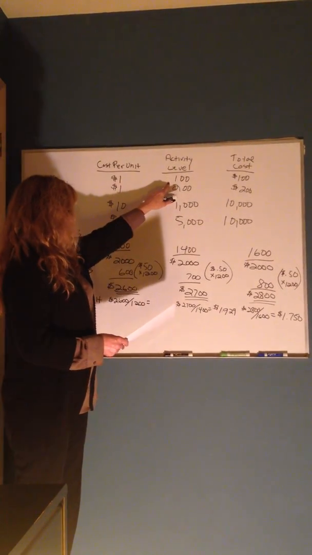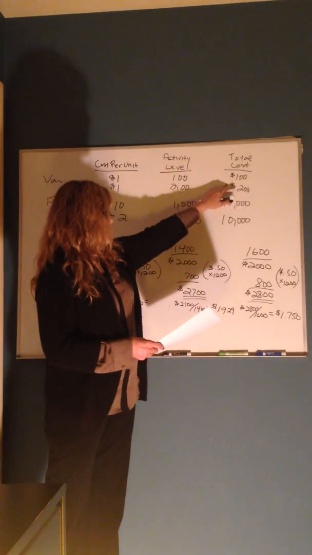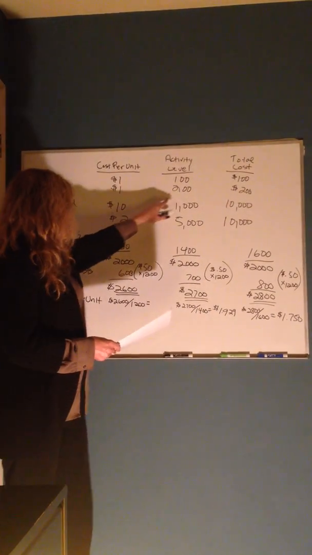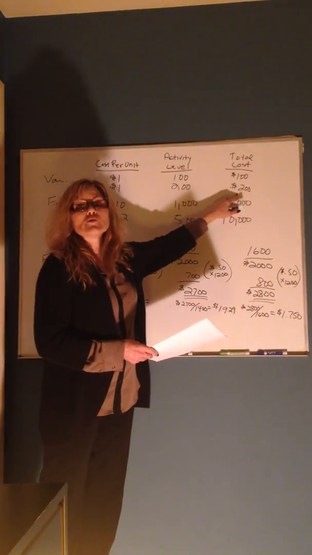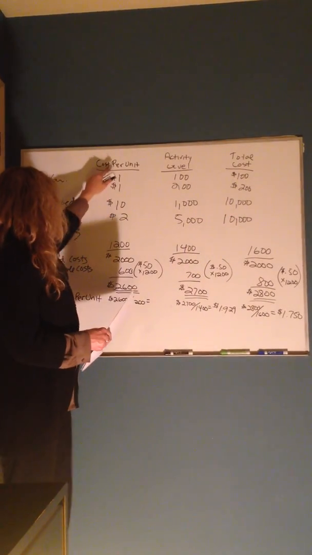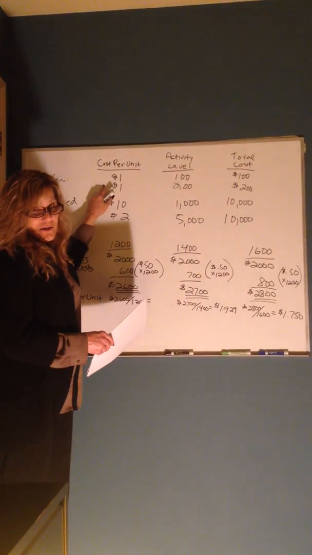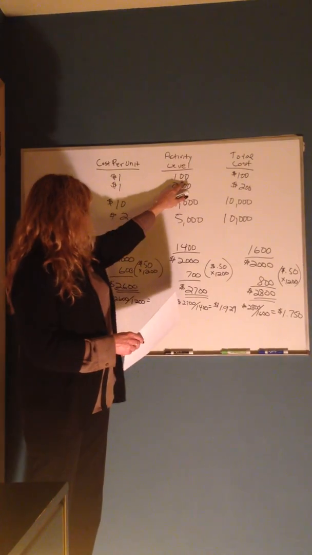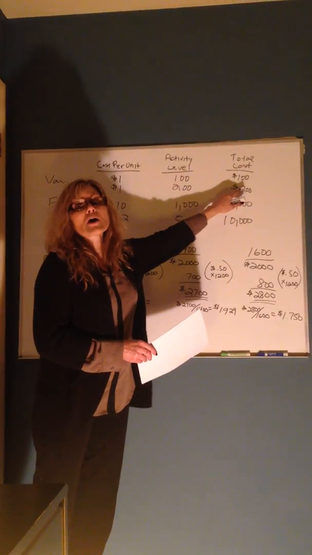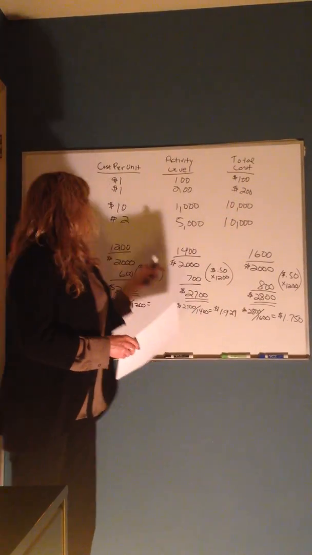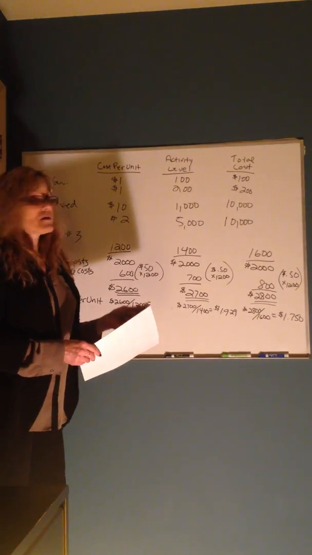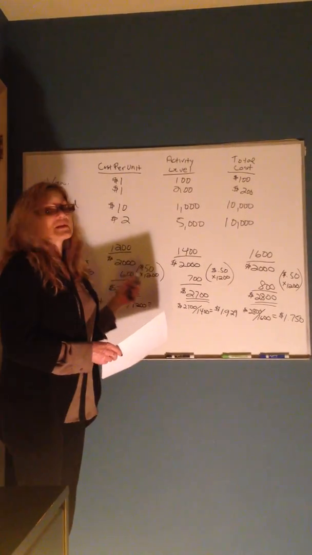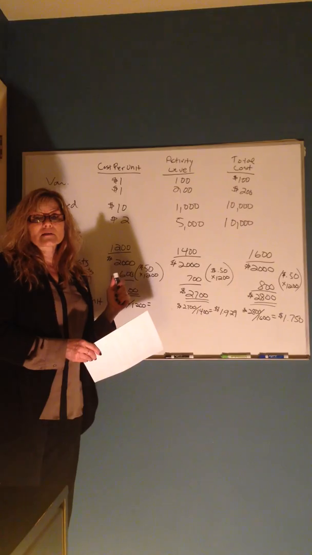If I buy 100 pens, it's going to cost me $100. If I buy 200 pens, it's going to cost me $200. So my cost per unit is constant, it's $1. But as my activity level changes, my total cost changes. This is all within a relevant range. So in this assumption, we're assuming the cost does not change per unit.